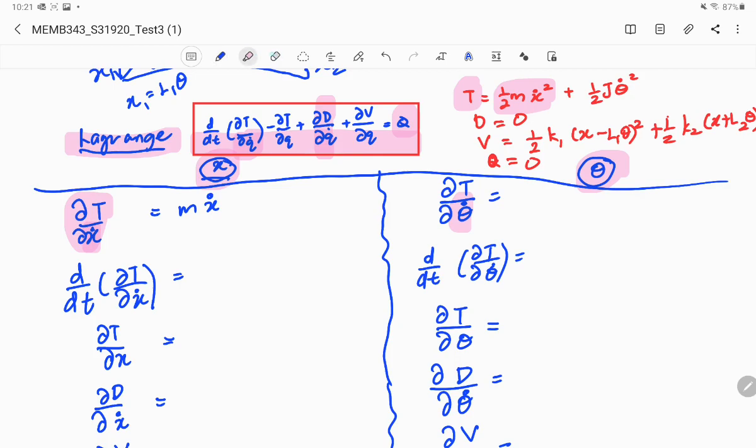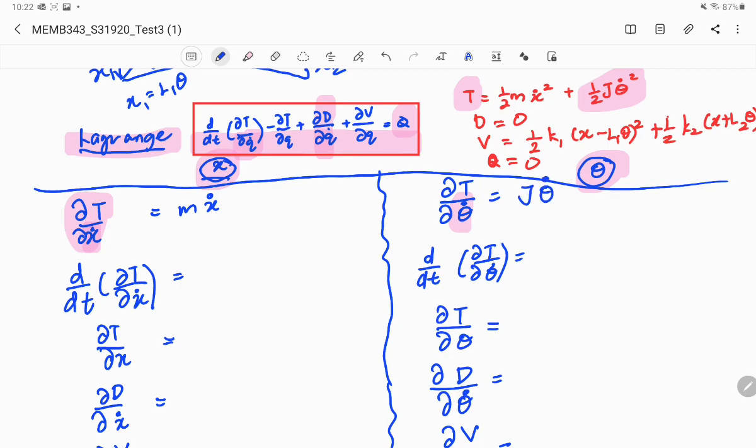Okay. Do the same thing using the same equation. But now you are just focusing on differentiating with respect to theta dot, which is this expression, because now your x dot is actually constant. So 2 times 1/2, which is 1, so it's just J theta dot.